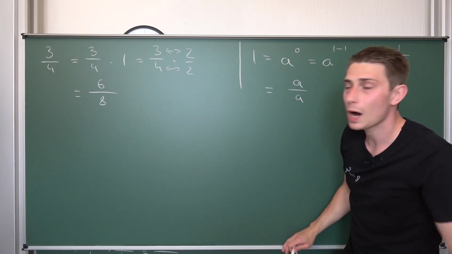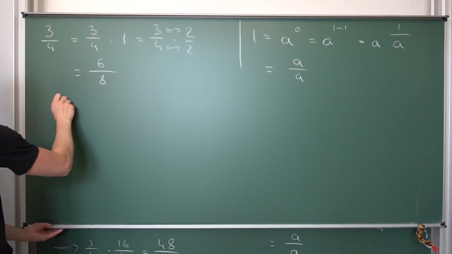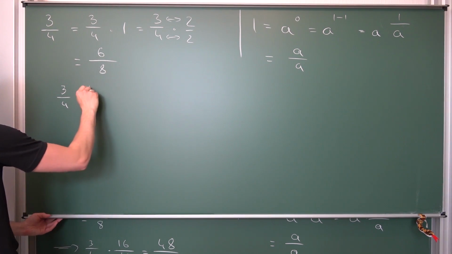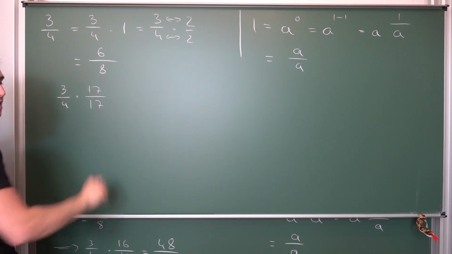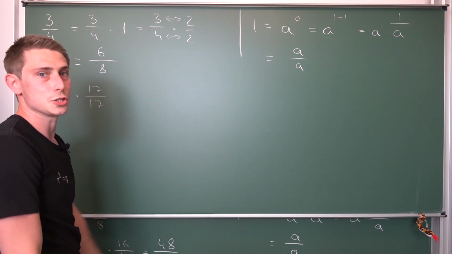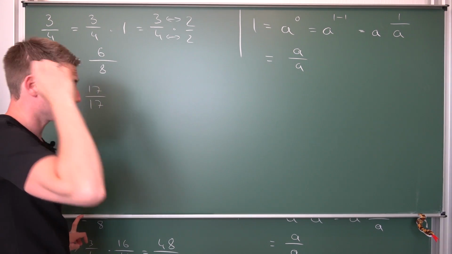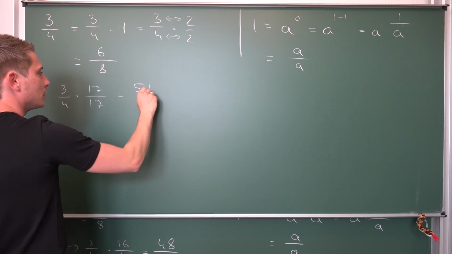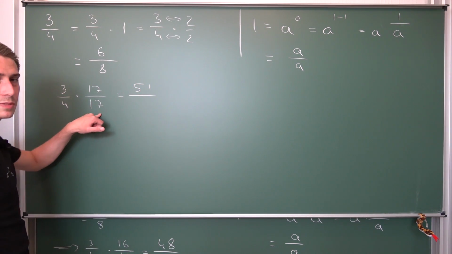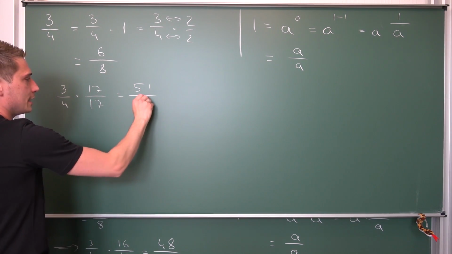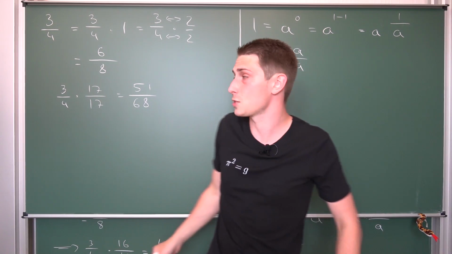But the number 1 could also be, let's say, 3/4 times, I don't know, 17/17. It really depends on your situation. Then fraction multiplication: 3 times 17 is 51, over 4 times 17, which is 51 plus 17, giving us 68. It just is what it is.